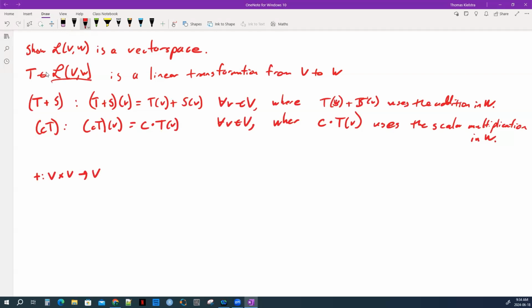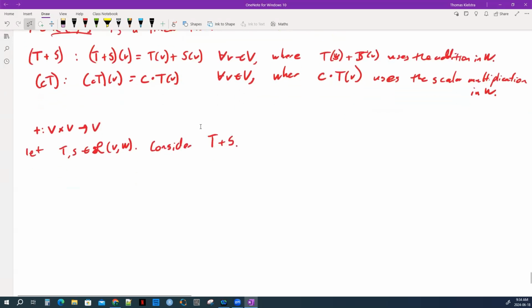So let T and S be in the set of linear transformations mapping V to W. Consider T plus S. What we want to show is that T plus S is a linear transformation.